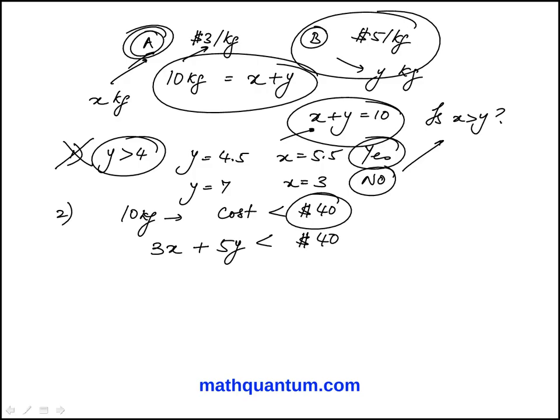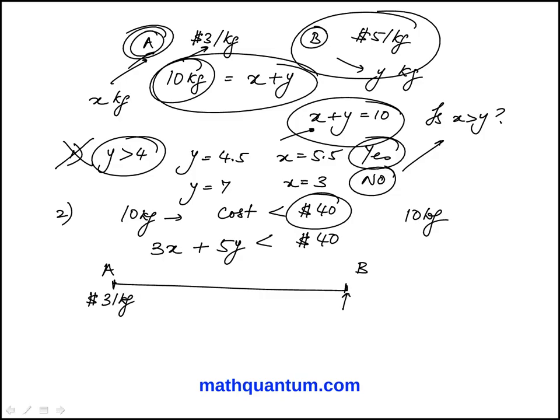So that's the relationship. But if you think in terms of using a weighted average approach, we're looking at 10 kilograms of material. And we have, let's say, on one extreme, material A, and on the other, material B. This costs $3 per kilogram, and this costs $5 per kilogram.